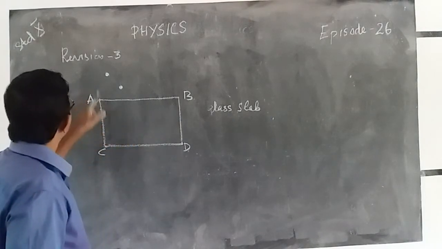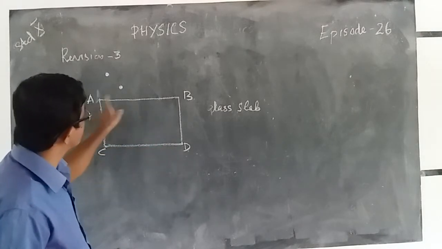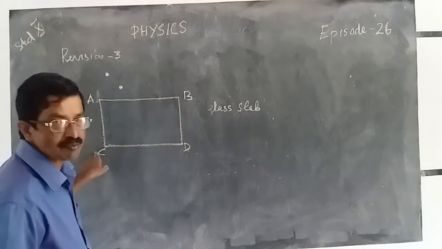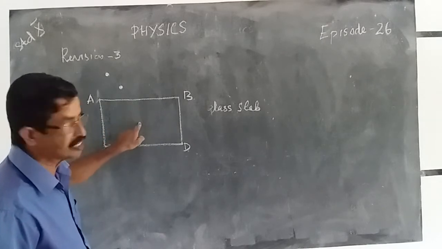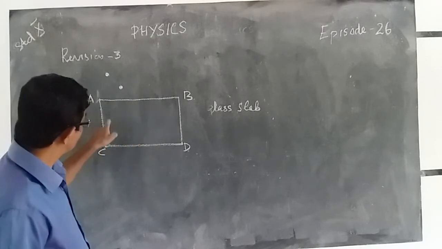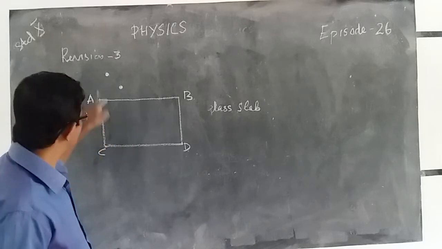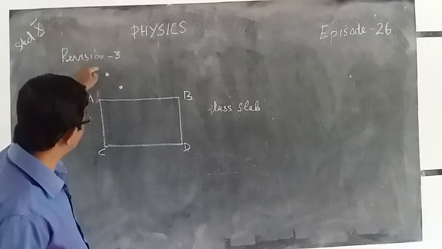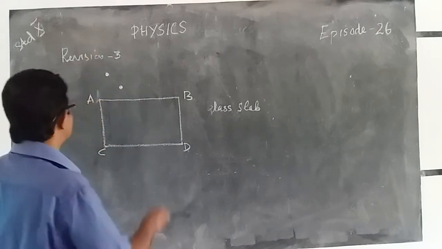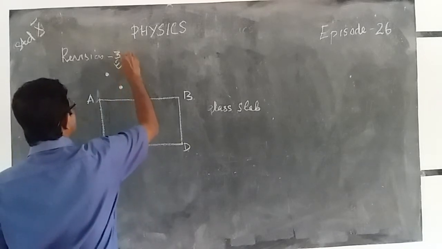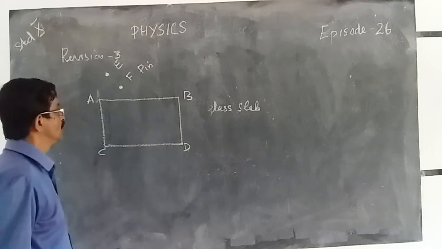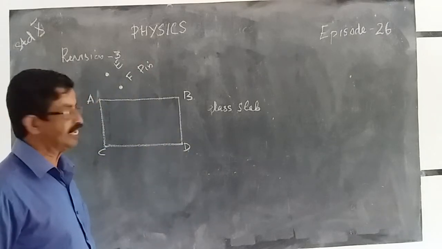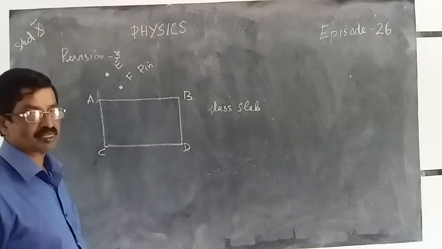Then take it out and mark it as A, B, C, D. Again place the glass slab on this frame. Then arrange two pins. Suppose these pins E and F are two pins in vertical and they are along a straight line.